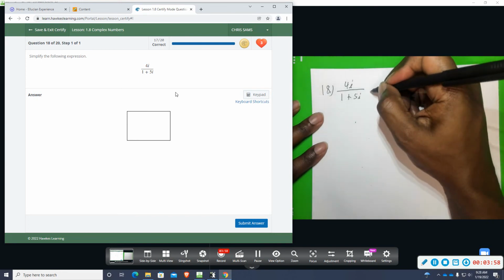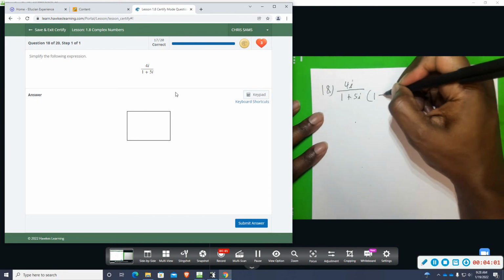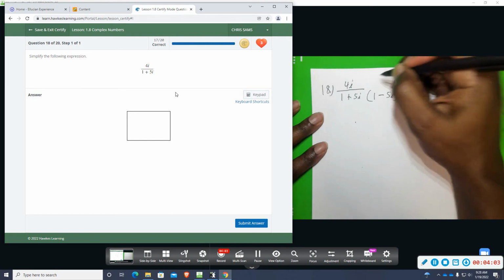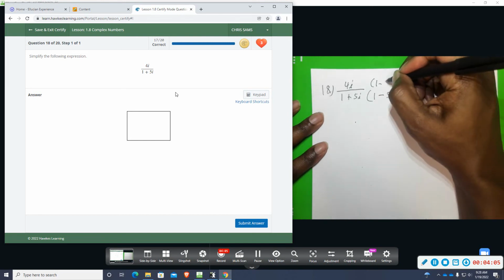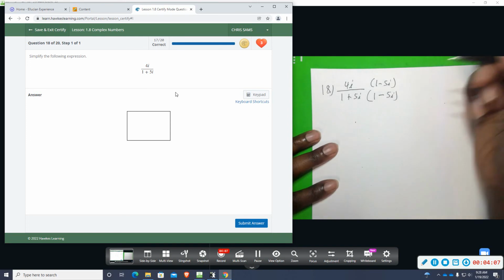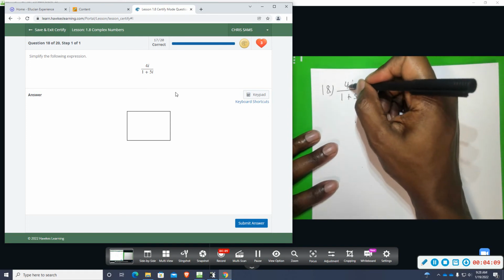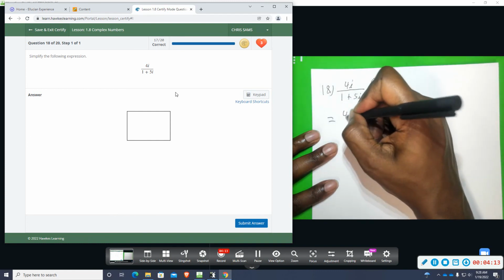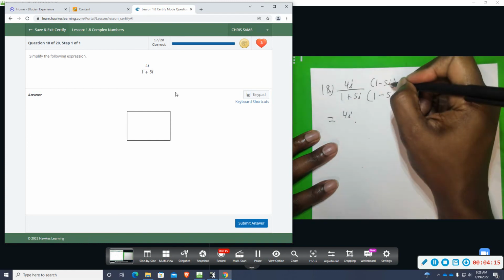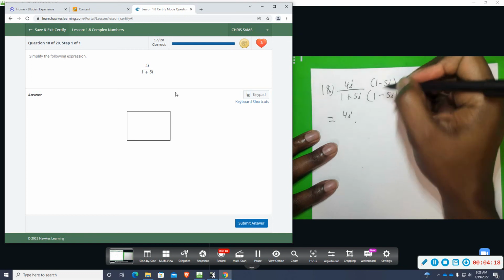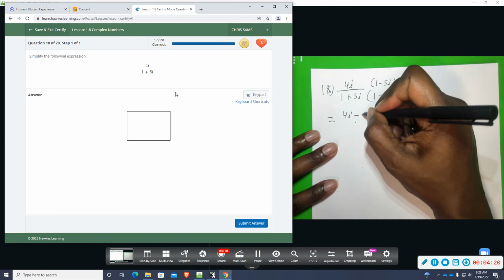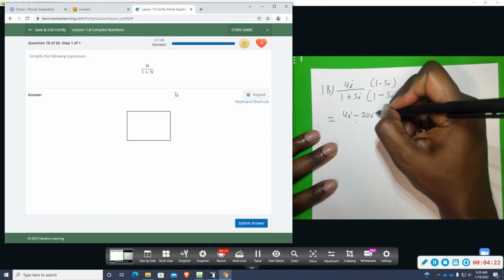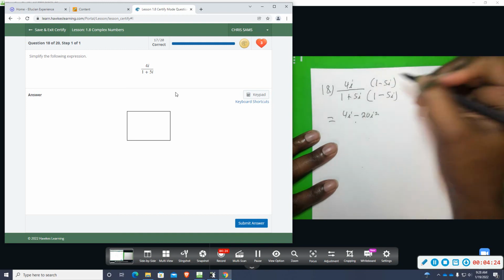And the complex conjugate this time is going to be 1 minus 5i. So same process, we're going to distribute 4i in the numerator. 4i times 5i, that's going to be 20i squared. It's going to be negative, a positive times a negative here.